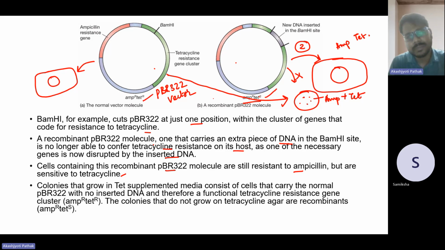If the bacteria grows in tetracycline, it means that it is non-recombinant. It does not have your gene of interest. But if the bacteria is not able to grow in tetracycline, it means it is tetracycline sensitive and it has the gene of interest. So the colonies that do not grow on tetracycline agar are recombinants. In this way, you can use the antibiotic resistant gene for selecting between recombinant bacteria and non-recombinant bacteria.